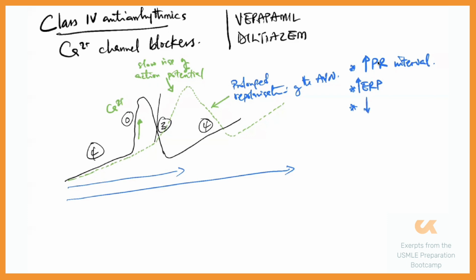If you're supposed to conduct at this rate and it's taking you this much longer, we can say there's decreased conduction velocity at the AV node. You want to remember this information for calcium channel blockers.